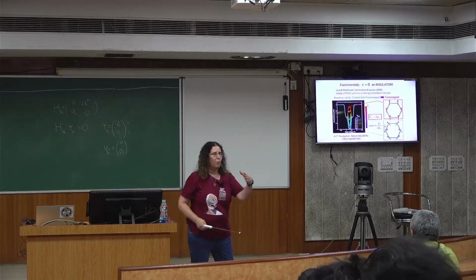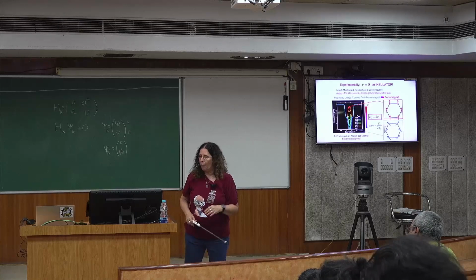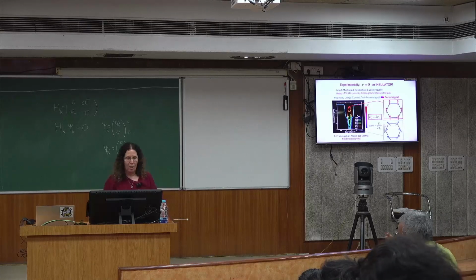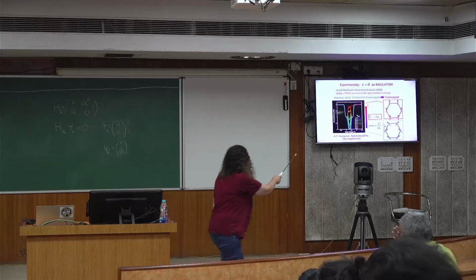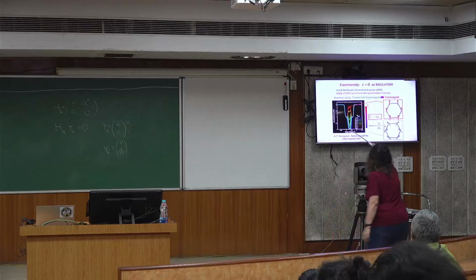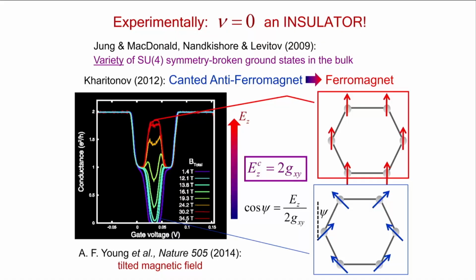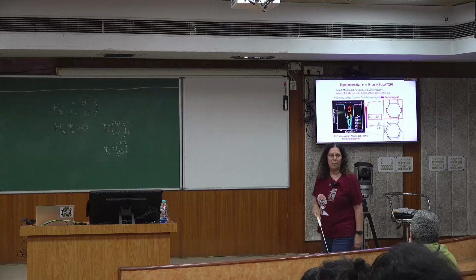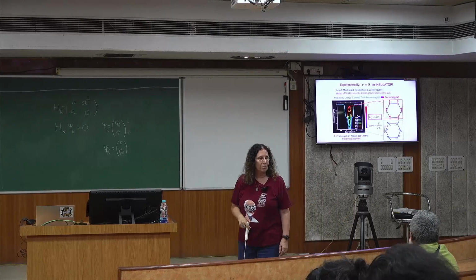So when you start from a relatively small Zeeman energy at charge neutrality, which is this point, you get conductance of 0. It's an insulator, okay?